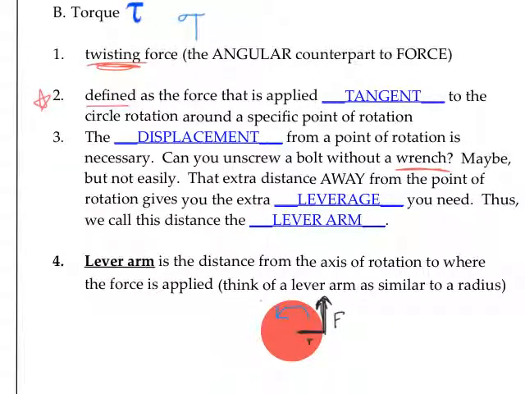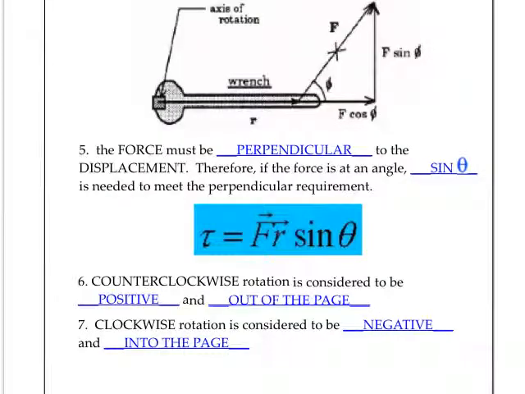So another definition for you. The lever arm is the distance from the axis of rotation to where the force is applied, and it is really similar to a radius. I know you have this picture in your notes. The force that we apply has to be perpendicular to that displacement or that lever arm.